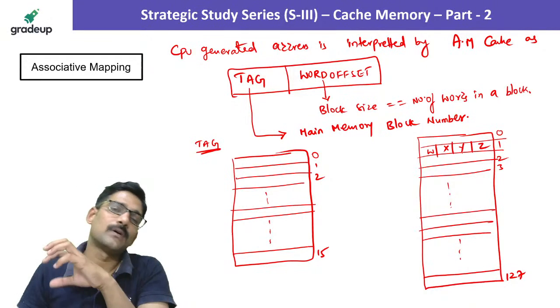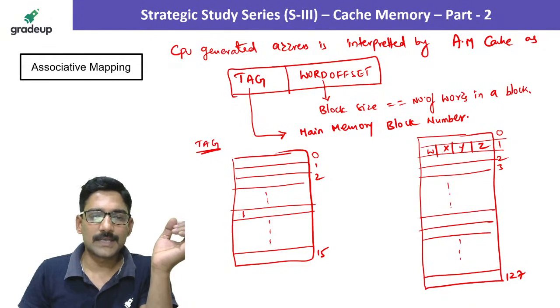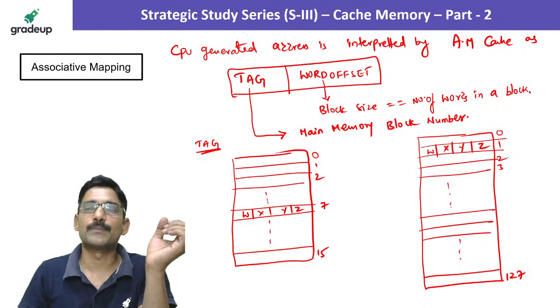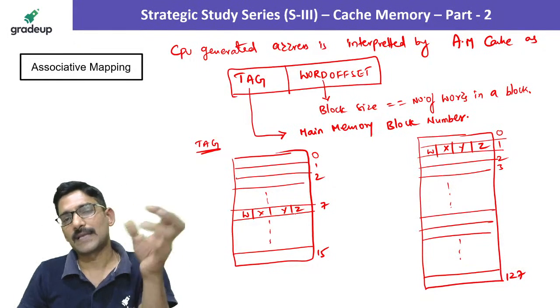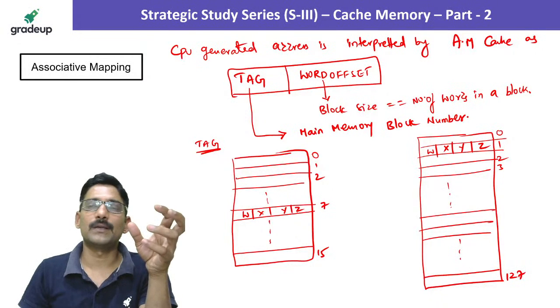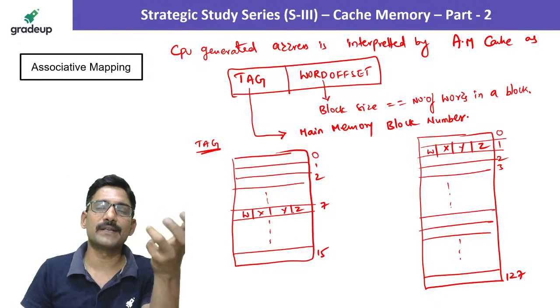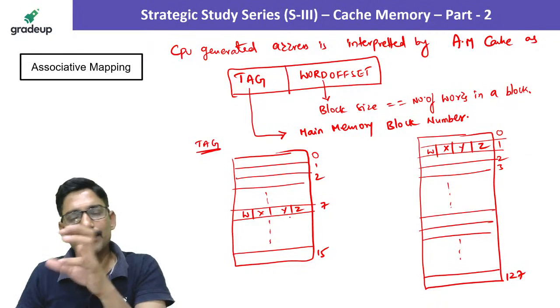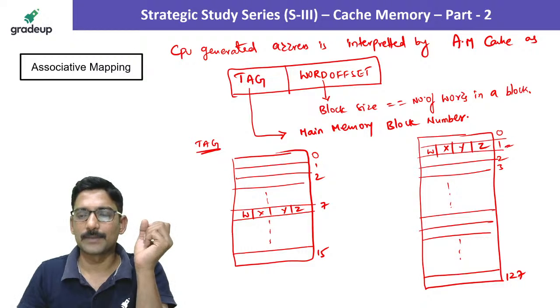We know the whole block gets copied. Let's say I am copying that X block into block number 7 in cache memory. What is maintained as a tag once you copy? From which block it is copied? From block 1.